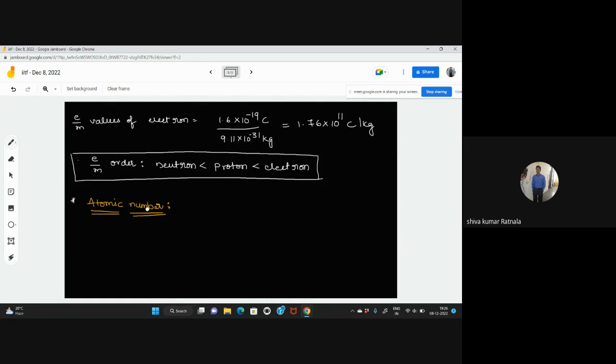So atomic number, what can we say? Atomic number generally means the number of protons present in the atom, or the number of electrons of a neutral atom.